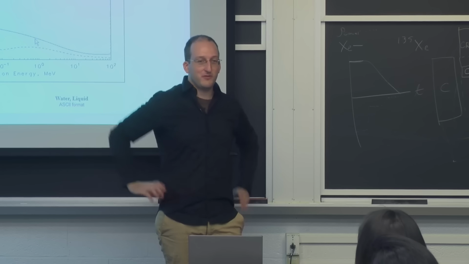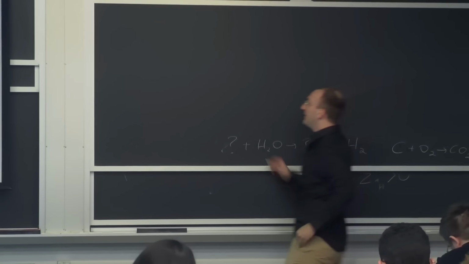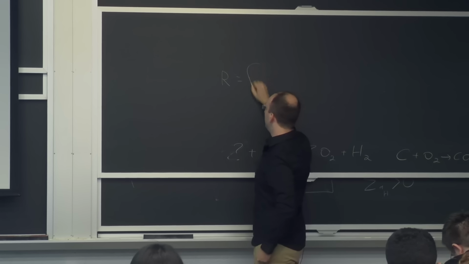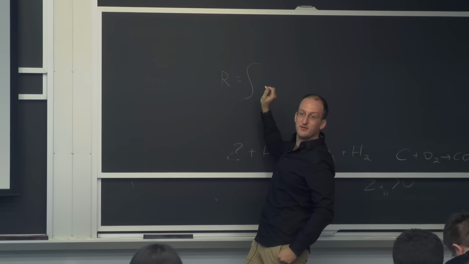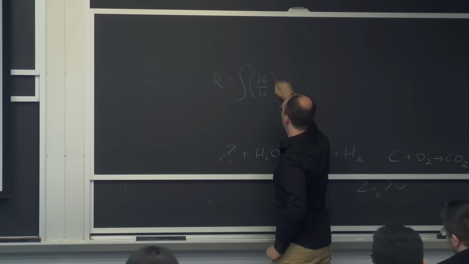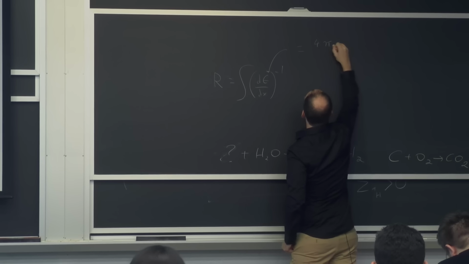Anyone remember the formula for range in general? Because it's going to come back up in our discussion of dose and biological effects. Integral of? Yep, of stopping power to the -1. And that stopping power is this simple formula.